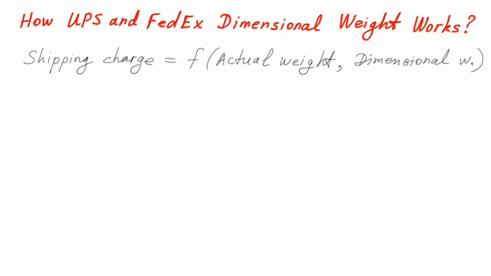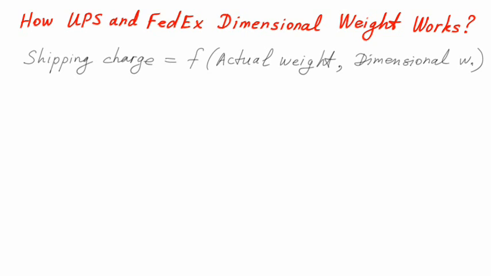And within 3 days, the work of UPS will be parallelized. So that's why dimensional weight is important when somebody tries to ship a package which is light but very big. If many packages like this are shipped, then the work of UPS or FedEx can be parallelized.